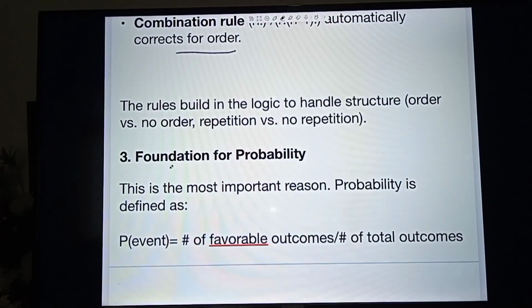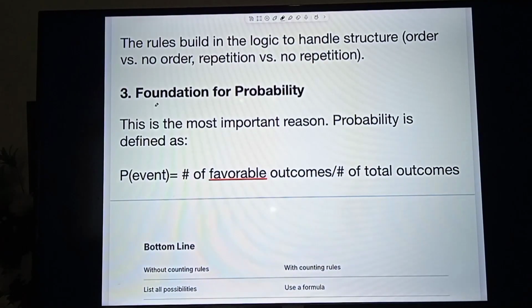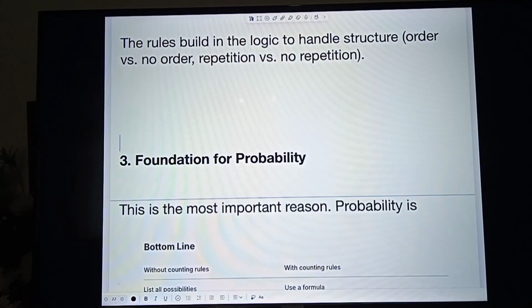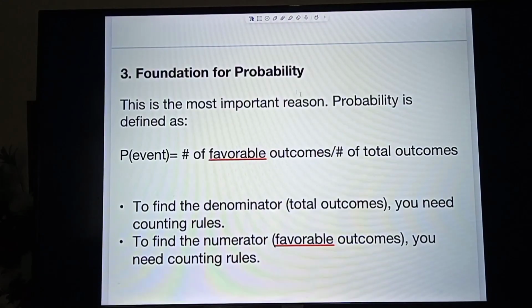Now the third advantage is that it is the foundation for probability. The probability concept is based on this rule of multiplication. Probability of any event is equal to favorable divided by total.